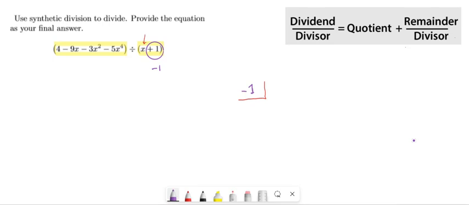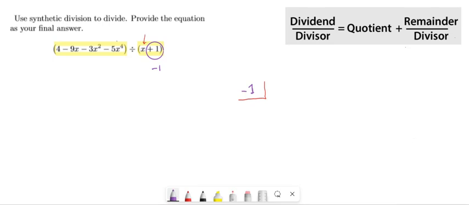Now, what is the difference between synthetic division and long division? In synthetic division, we don't use any variable x, we use only the corresponding coefficients. For this purpose, we need to organize our dividend, and even the divisor. The dividend has to be put in decreasing order first, and you must not skip any exponents.